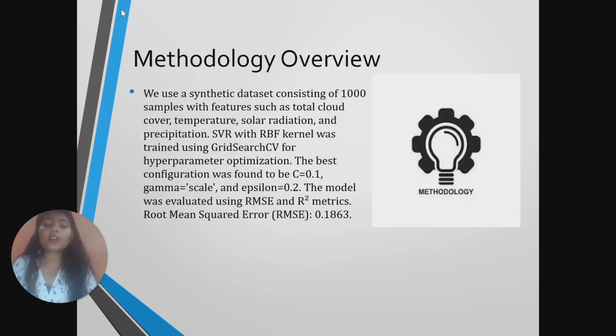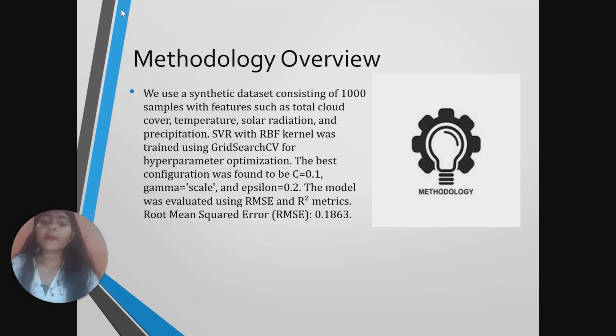In the methodology overview, the data is a synthetic dataset with thousands of samples. The features are total cloud cover, temperature, and solar radiation, and the prediction target is solar power. The model is SVR with an RBF kernel, and optimization uses GridSearchCV to tune parameters.